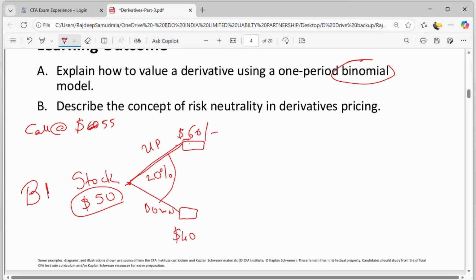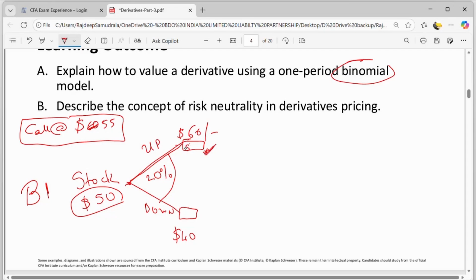So that means you know the two movements, and you also now know that the call which was available at 55 is now worth how much? So tell me, if the stock is 60 and you have a call which is exercisable at $55, what's the value of the call? Answer? 5.